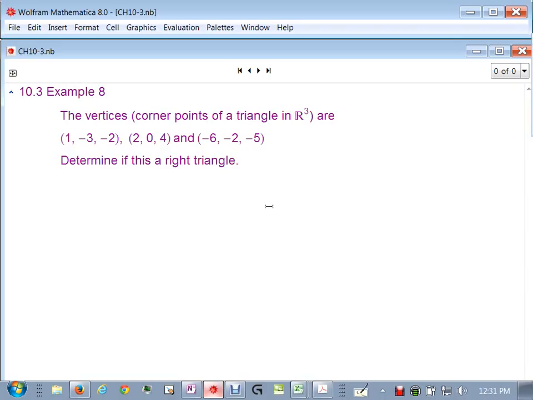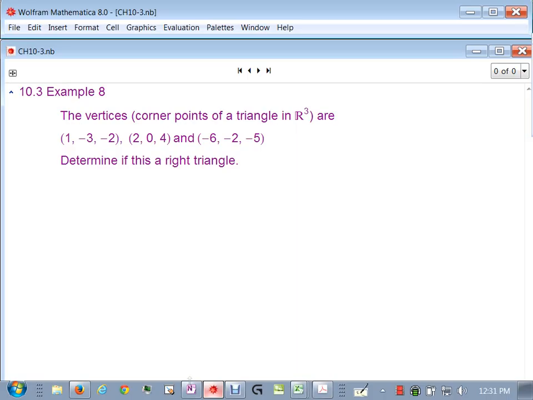Now I have to stand up there at that speaker and look at the vector coming from here to here and from there to the doorknob and then dot those. And if that dot product's not 0, I've got to try one more. I've got to go from there, here, and there, there. You're going to have to come up with 3 sets of vectors and dot all 3 and check for 0.